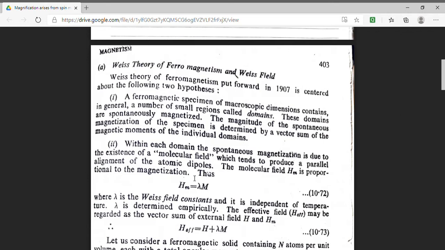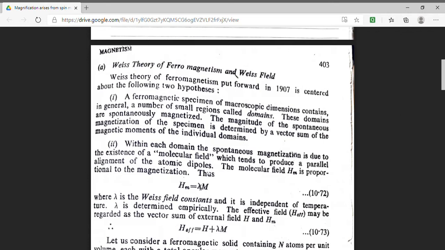That means Hm is proportional to M. Removing the proportionality sign, we get a proportionality constant. This constant is denoted by lambda, and this lambda is termed the Weiss field constant. And this Weiss field constant is independent of temperature.